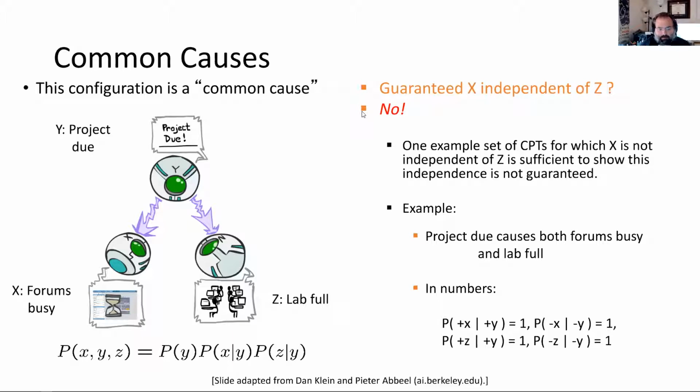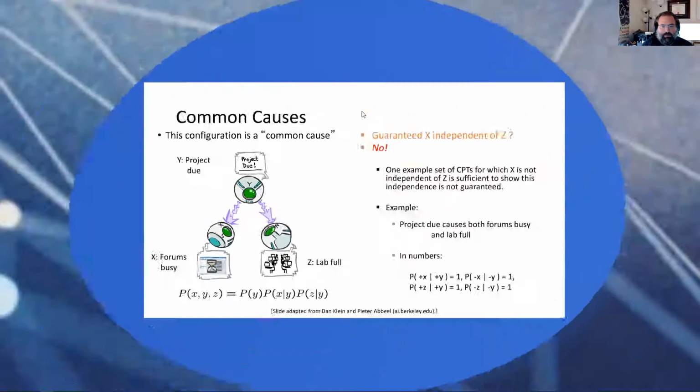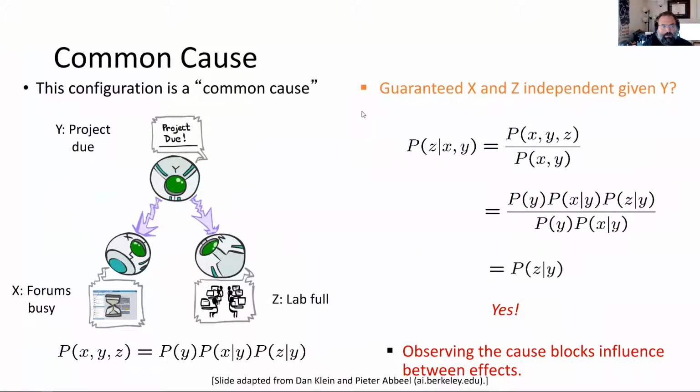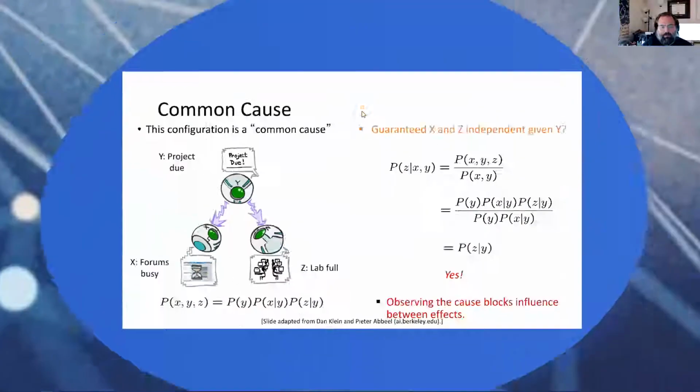So forums might also be very busy. And is there a guarantee of independence between X and Z? Again, no. Although there probably is some sort of a common factor going on here, they're definitely not independent. And I'll skip over that as well.